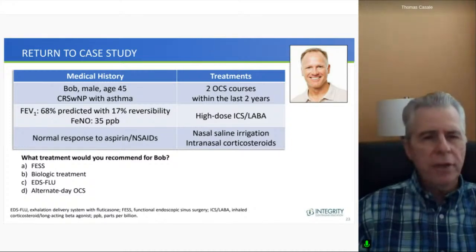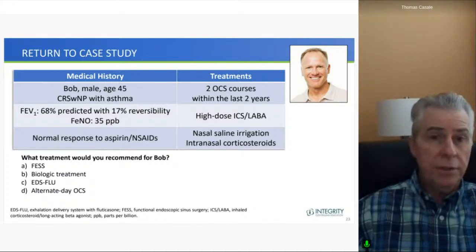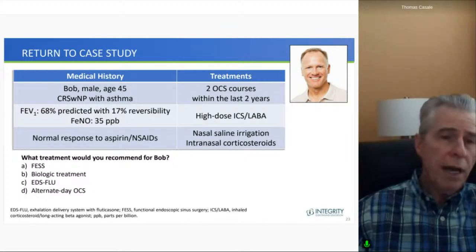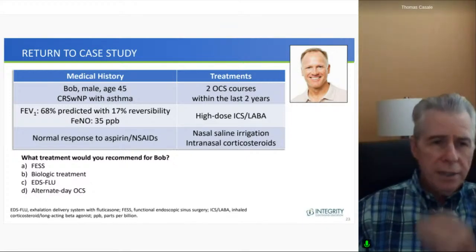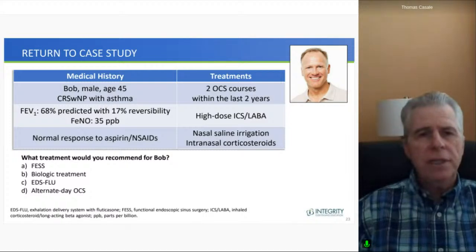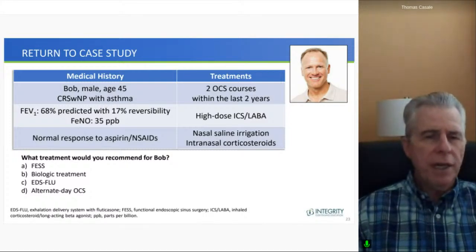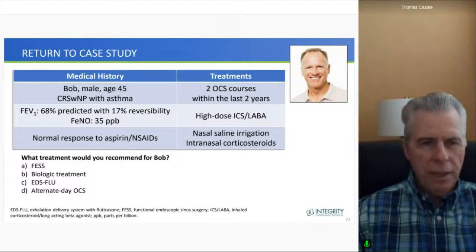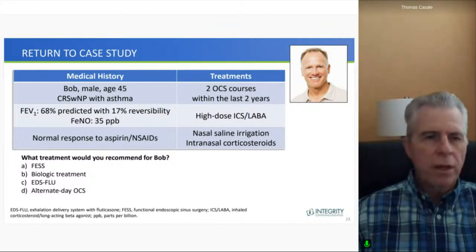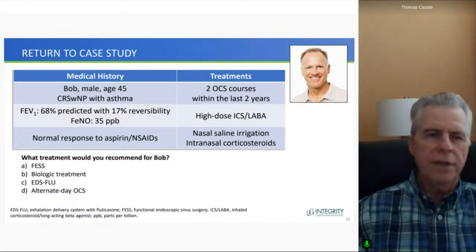And there are several options. You could send him to surgery. You could do a biologic treatment. And the advantage of a biologic would be if he's got uncontrolled severe asthma of a type 2 phenotype, then you might be able to pick a biologic that would treat both the polyps and the asthma. Or you could say, you know, the first two options are very expensive.